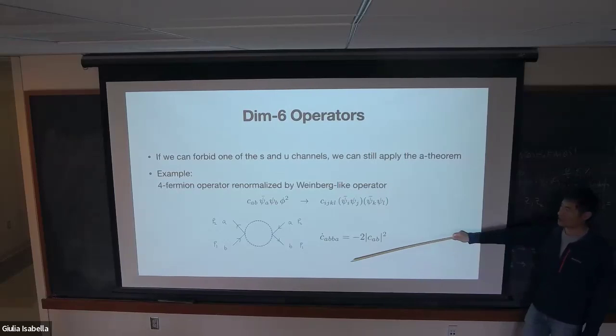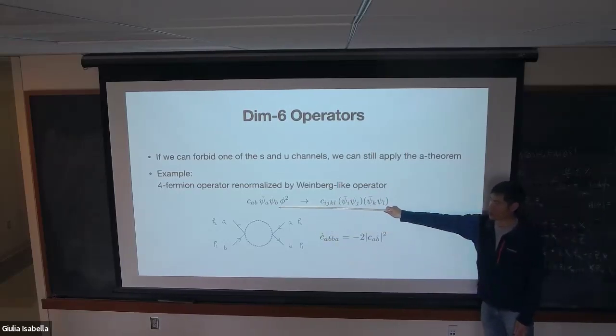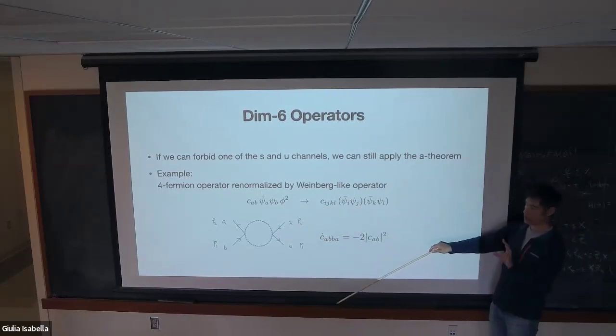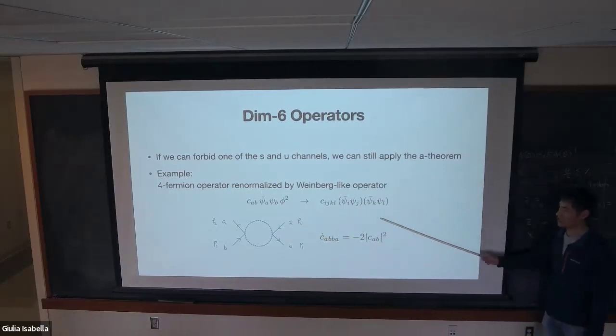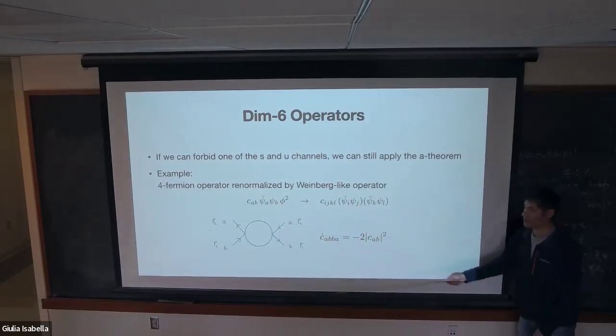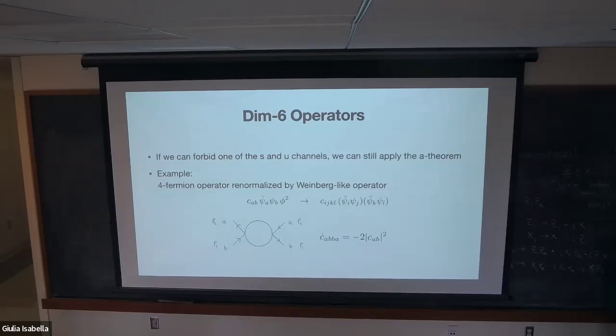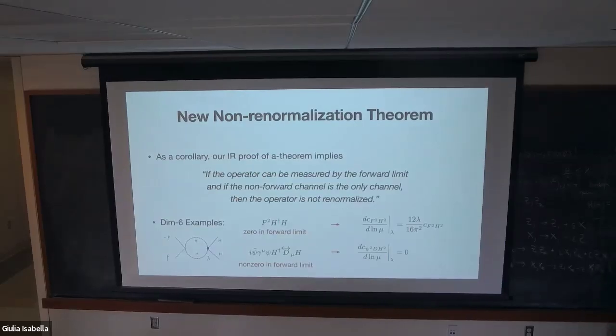So for instance, for the one-way operator, we have the fermion line, which forbids the S and U channel loss. So in that case, you only have one channel, and you can still have this sign-definite running because of the fermionic structure. So this is already an interesting result for dimension 6.